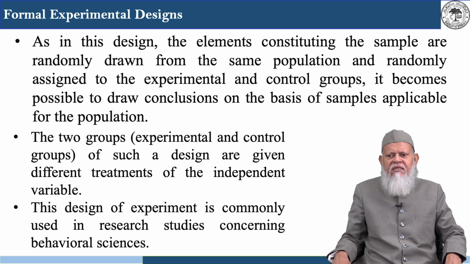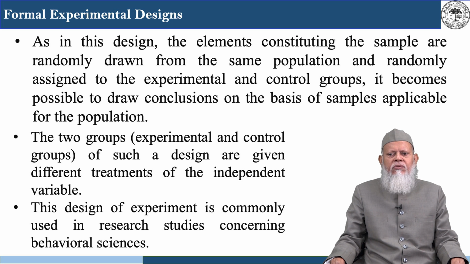So, in this design, the elements constituting the sample are randomly drawn from the same population and randomly assigned to the experimental and control groups. And hence, it becomes possible to draw conclusions on the basis of samples applicable for the population. The two groups, experimental and control groups of such a design, are given different treatments of the independent variables.